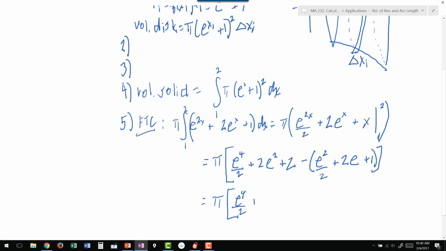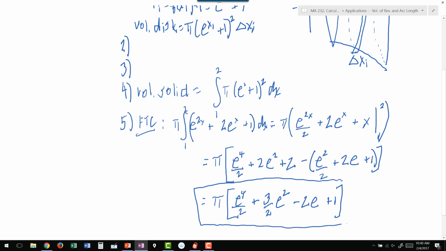Get e to the 4th over 2. 2 minus a half would be 3 halves e squared. And that should conclude the example.